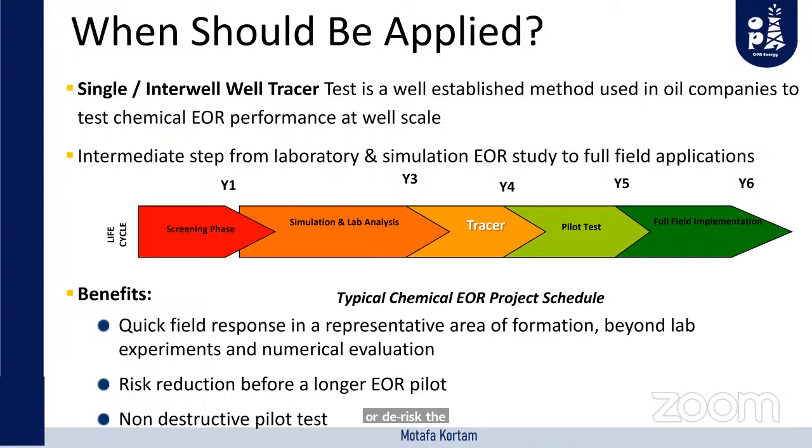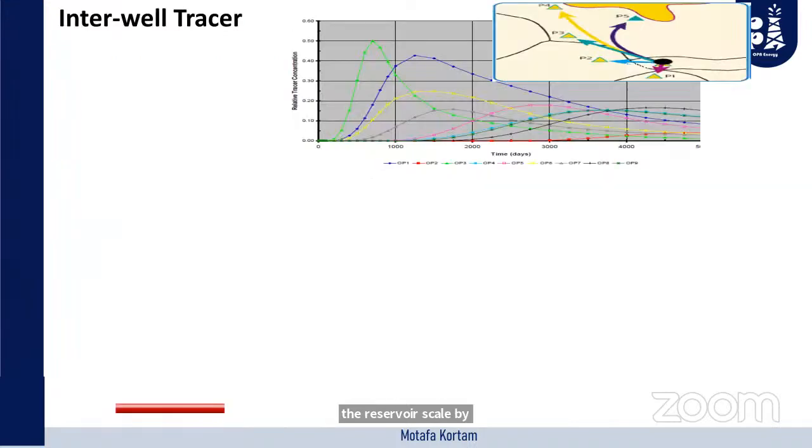You may employ a chemical EOR or a particular type of EOR and then fail, so this kind of tracer provides you an early anticipation of what is going on in your field. It is also non-destructive. Nothing harmful happens either at the well scale or the reservoir scale by using the tracer in general.